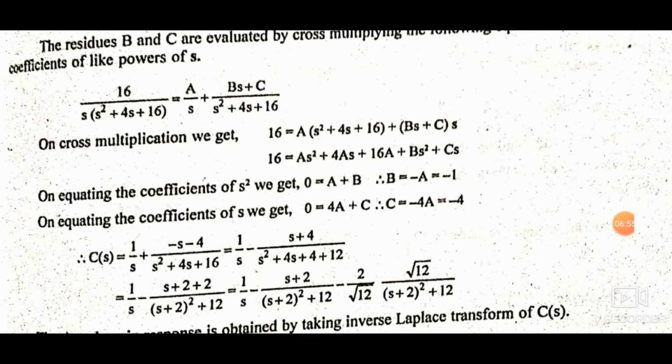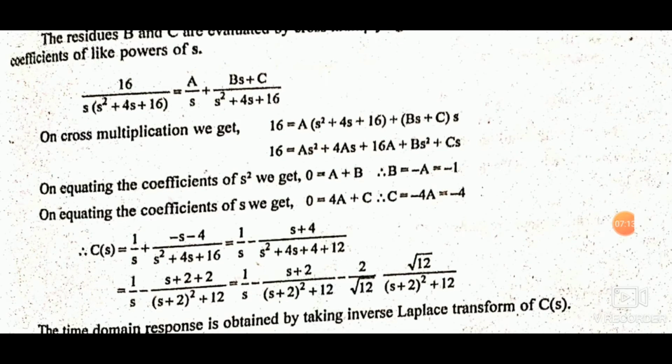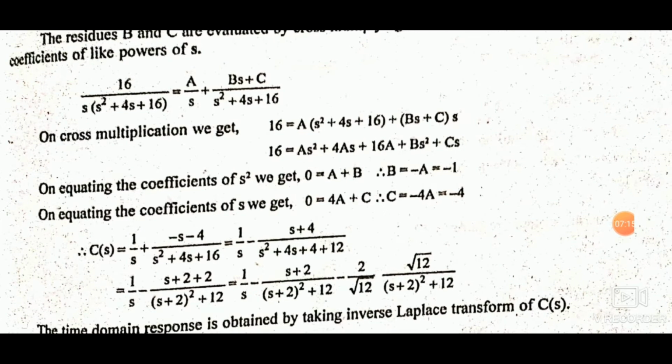So (s plus 2) by ((s plus 2) whole square plus 12), plus 2 by 2 root 3 ... I have to write separately, root 2 and root 2, over (s plus 2) whole square plus 12.